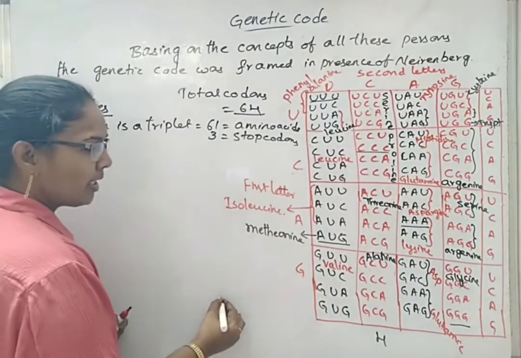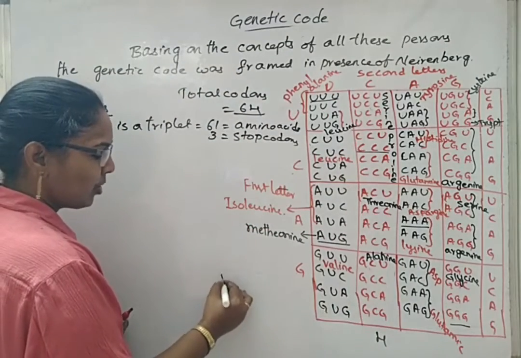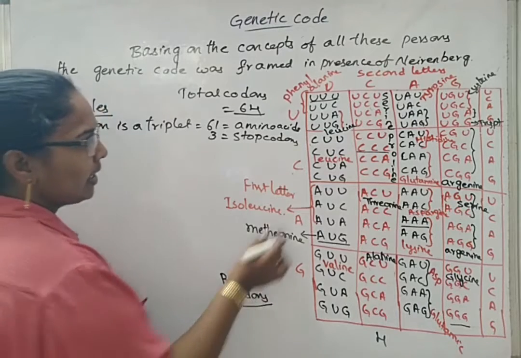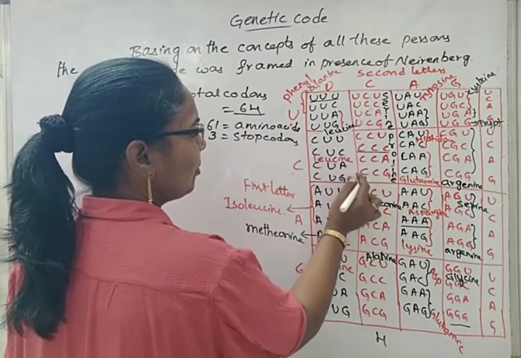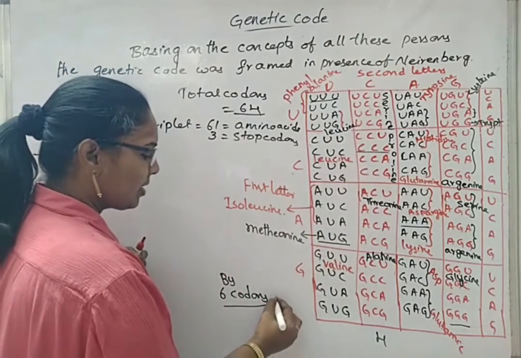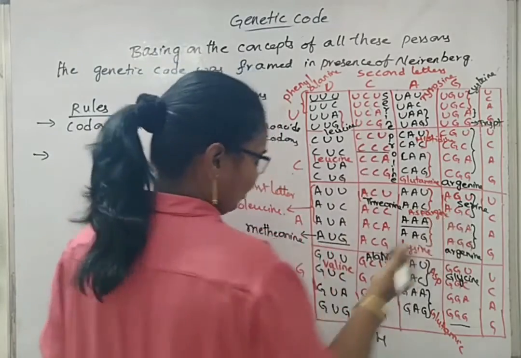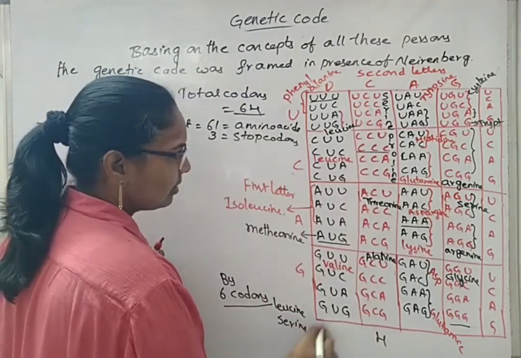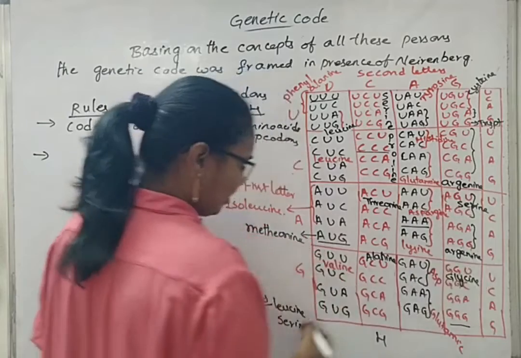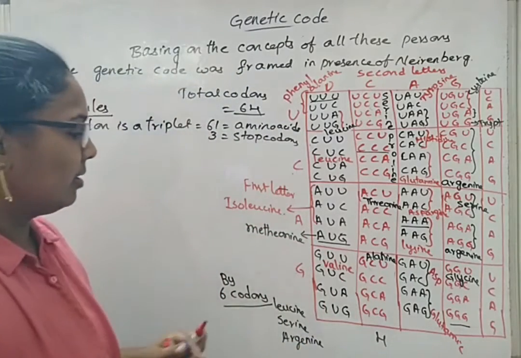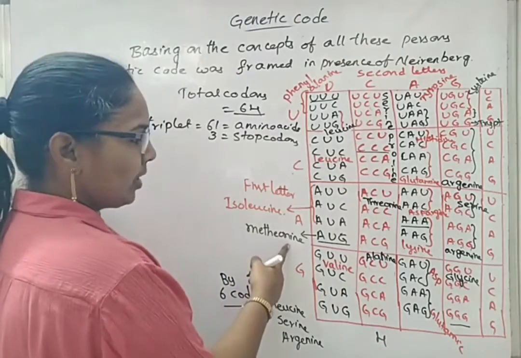So what are the amino acids coded by six codons? Here two leucine, four again leucine, so first answer will be leucine. Serine, here four and here two. Arginine, here four and here two. Now the starting codon is one.